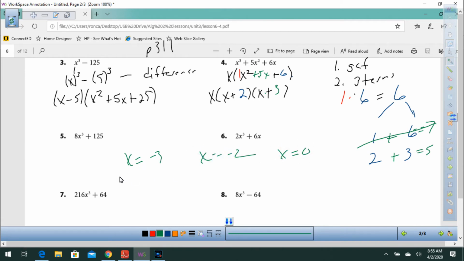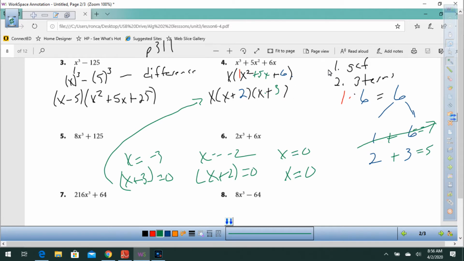Well, let's see. Add 3 to both sides, you got x plus 3 equals 0. Add 2 to both sides, and you got x plus 2 equals 0. And then x plus 0 is just x. And notice that these are all the same. Good deal.